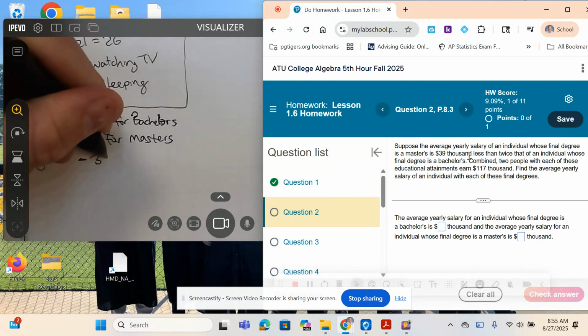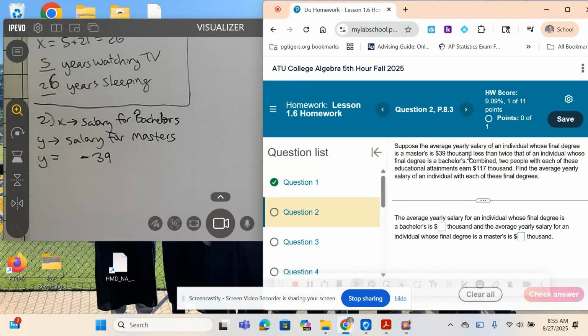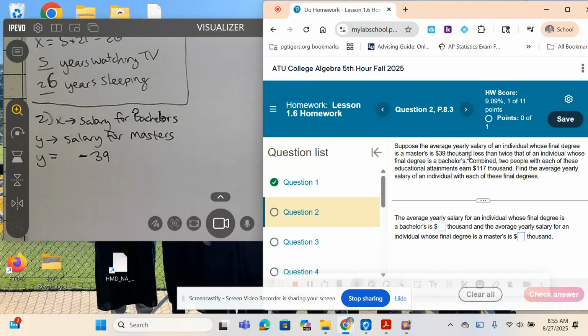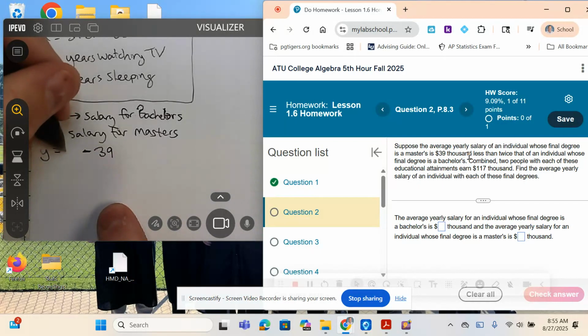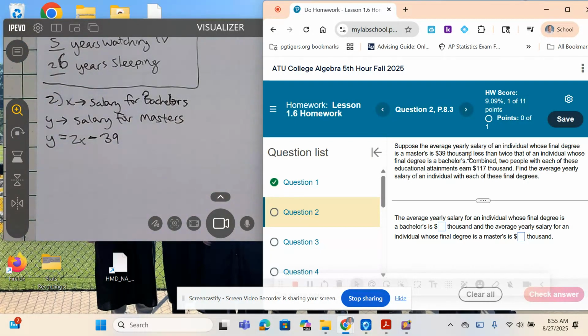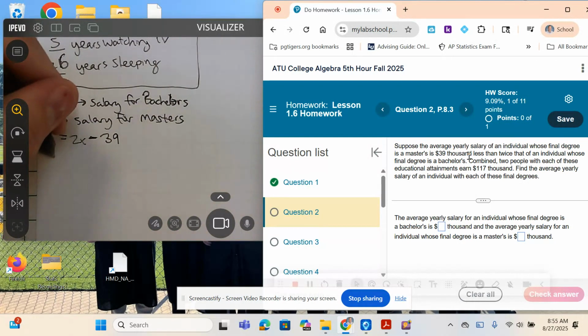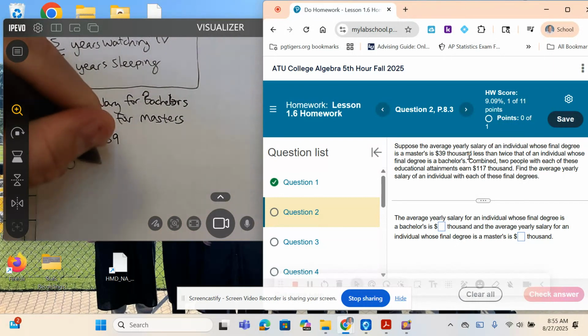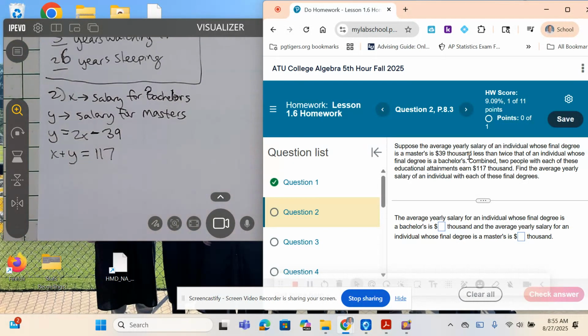After the minus. That's the tricky one when you teach writing algebraic expressions. So it'd be 2X minus 39. Combined, they earned 117,000. So X plus Y equals 117,000.